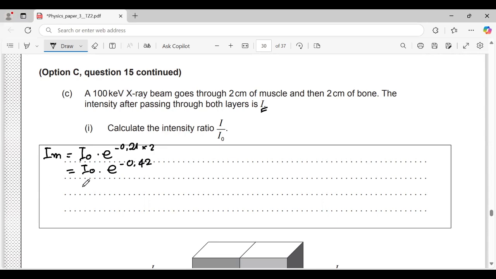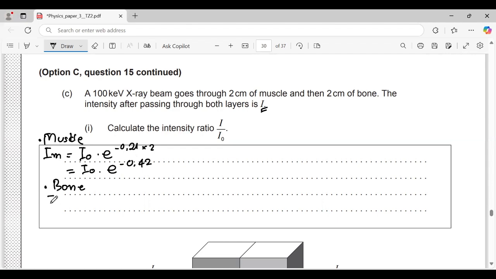So this is after muscle. Next, the intensity after passing through bone. This is muscle and then bone.